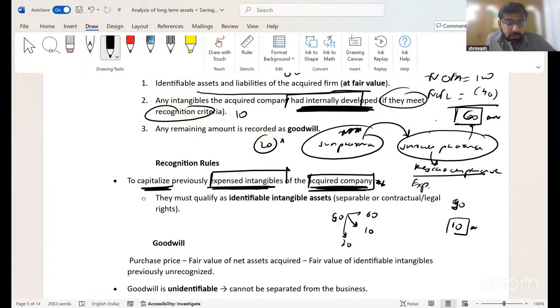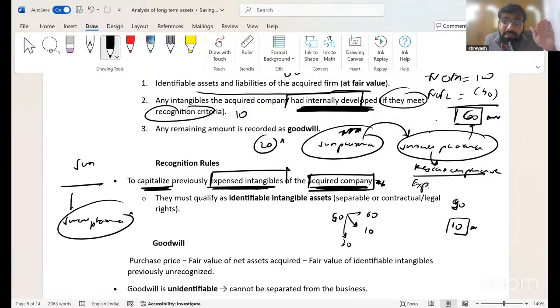Sir, matlab Sun Pharma acquiring the small pharma company, whatever the name of that company is, उसने जो रिसर्च किया था वो तो उसने एक्सपेंस कर दिया. उसका वो इंटरनली जनरेटेड इनटैंजिबल एसेट हो सकता था, बट अलाउड नहीं है, इसके लिए उसको एक्सपेंस करना पड़ा. सन फार्मा अल्टीमेटली whenever it is acquiring this particular company can also recognize that research expense as an intangible asset only if this criteria is met. सर तो मतलब आप बोल रहे हो रिसर्च एक्सपेंस हमको जनरली रिकॉग्नाइज नहीं करना है एज एन इंटेंजिबल एसेट, बट सर अगर कोई एक्वायर कर रहा है तो उस केस में कर सकते हैं.